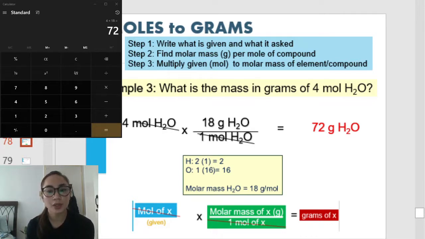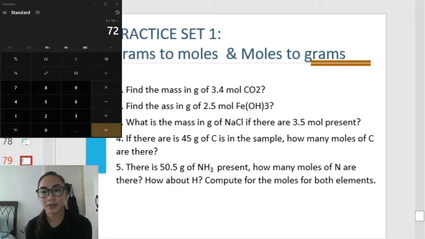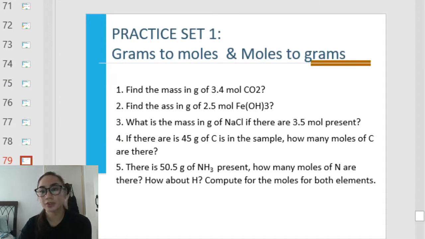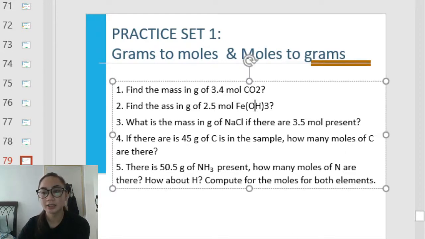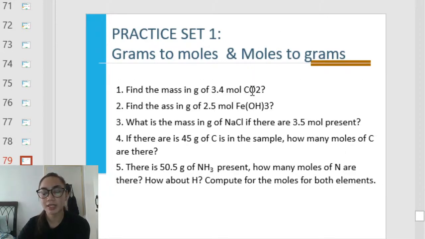Okay? So, I hope that is clear because we will have a practice set. So, on your own, pwede nyong sagutan po ito. So, we have grams to moles and moles to grams na practice. So, question number 1, find the mass in grams of 3.4 moles of CO2. So, makikita nyo, no, mga compound na siya. So, you have to find the molar mass nito.